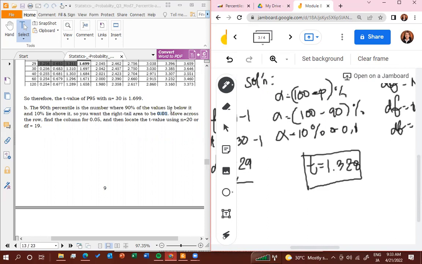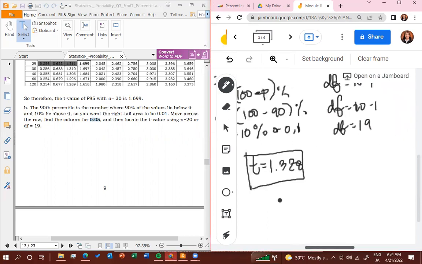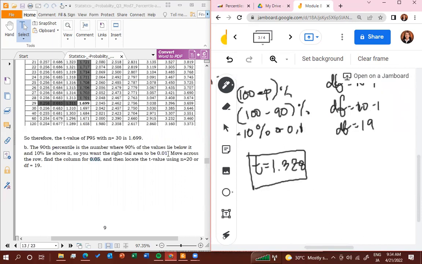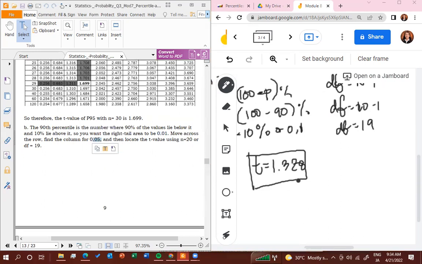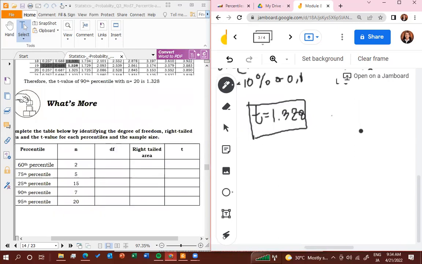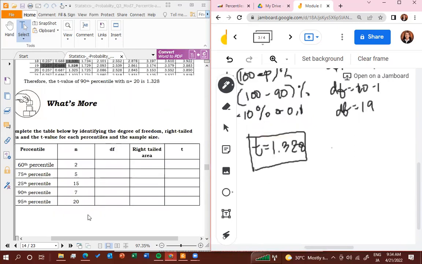Then we move across the row and find the column for 0.1. And that concludes our sample problem.